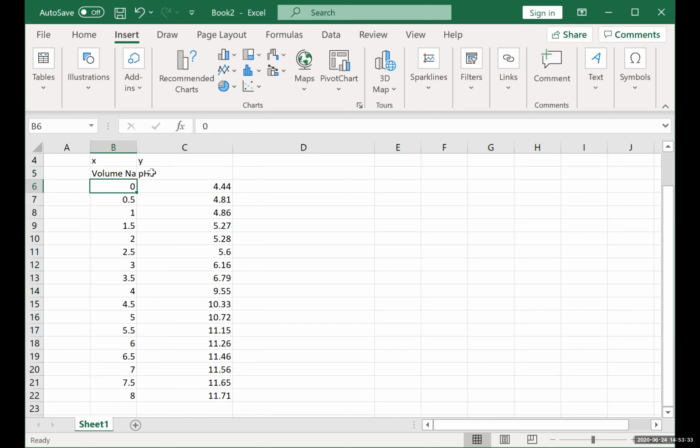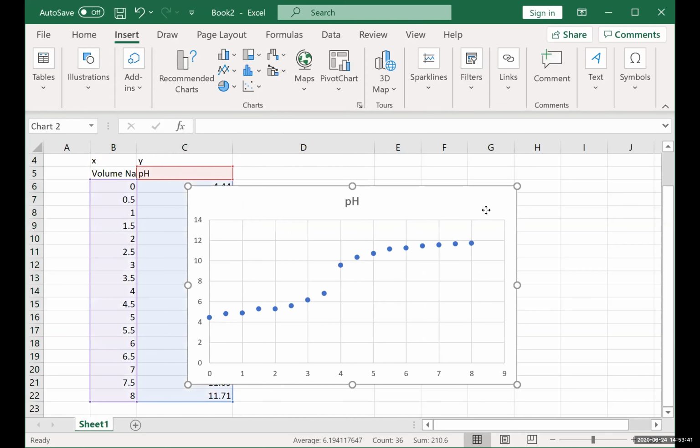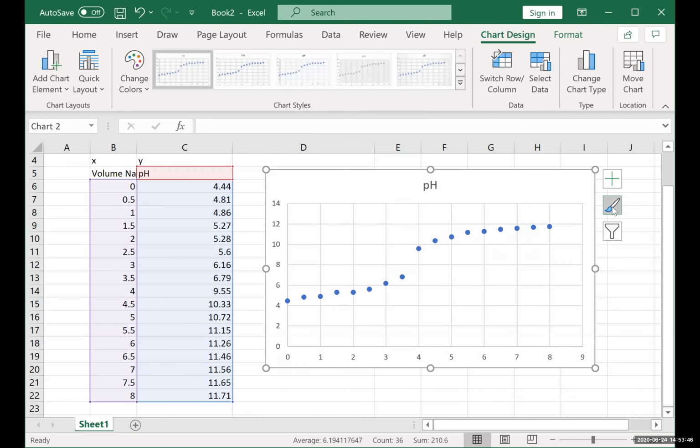So we're going to plot pH versus volume. Your volume of sodium hydroxide is going to be on the x-axis, and you're going to plot a scatter plot. So your plot should look something like this at first glance.